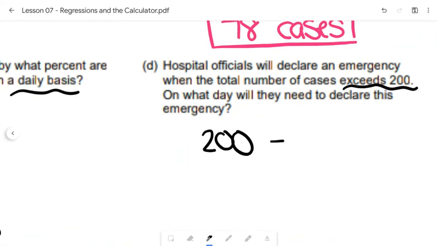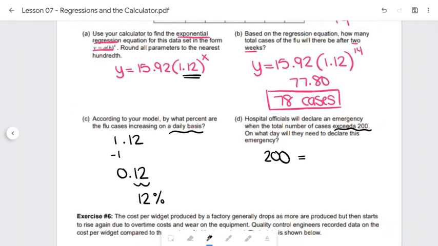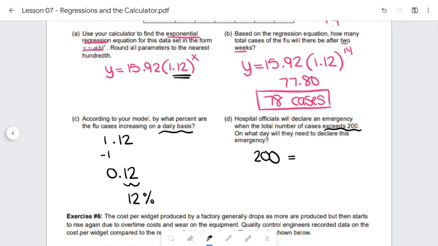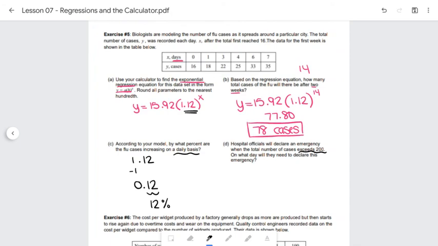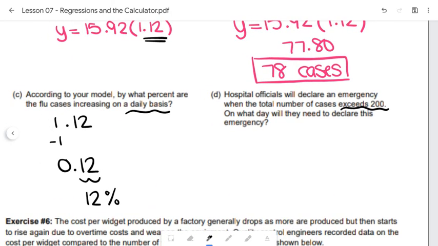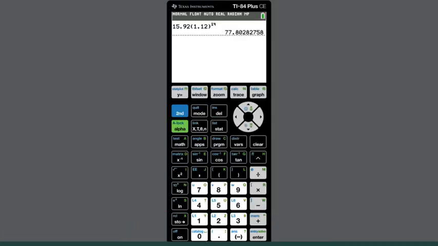But I think it's probably better to guess and check on this one. We already knew it was about 78 at 14. So we could just guess and check here. Let's see what I get. I'm going to steal this and pull it right down.